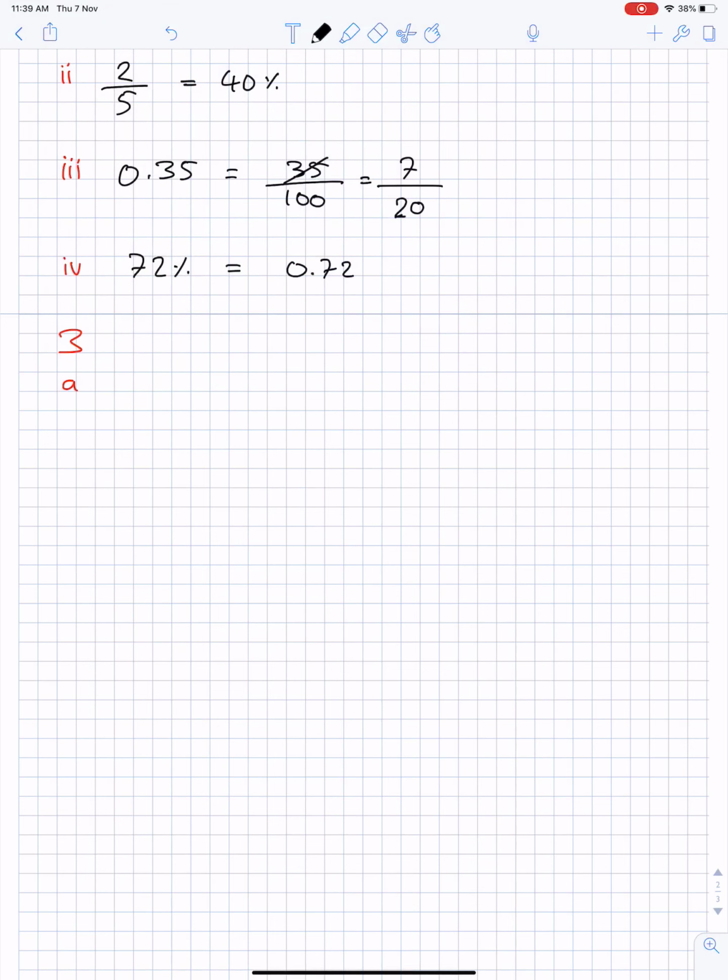What is 15% of 45? Well, you just go 0.15 times 45, which equals 6.75.